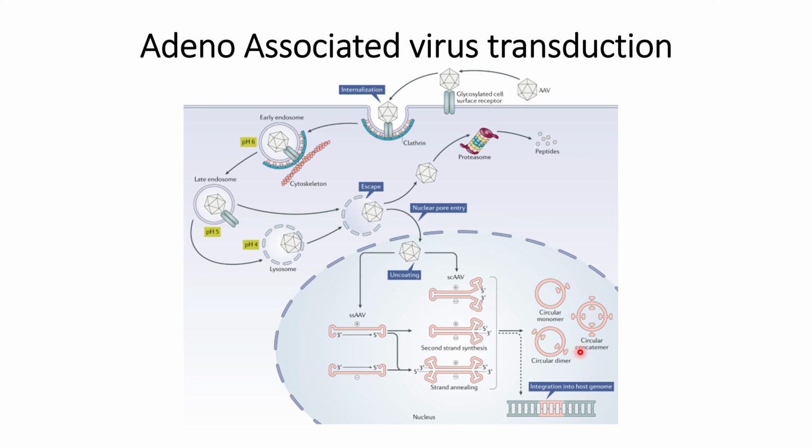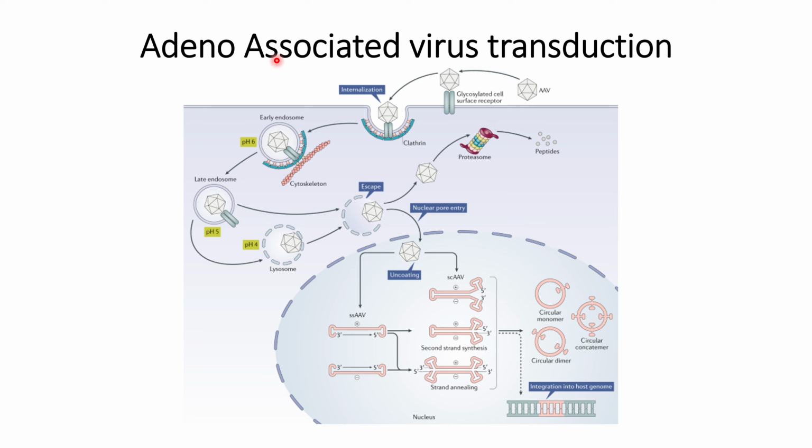So in most cases, when the genetic information is introduced by the adeno-associated virus, it forms one of these structures, and there are very few cases where this DNA is integrated into the host genome. Therefore, it is shown here as a dashed line.